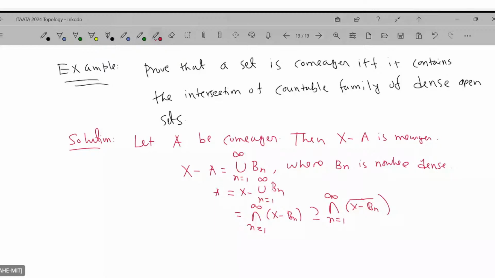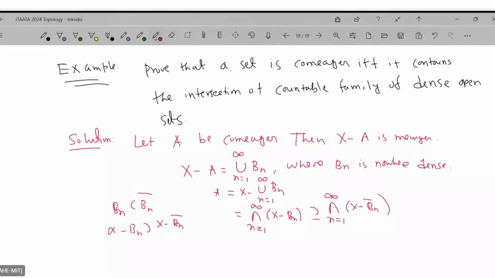Actually, we don't need that. We need X minus Bn. Now these are open sets. Yes, so Bn is in Bn closure, so X minus Bn contains X minus Bn closure. That's how this intersection is formed. If you take the countable intersection of this, obviously this will be bigger than this.